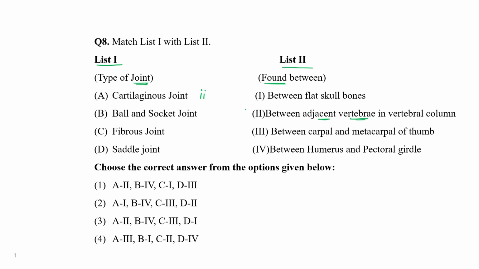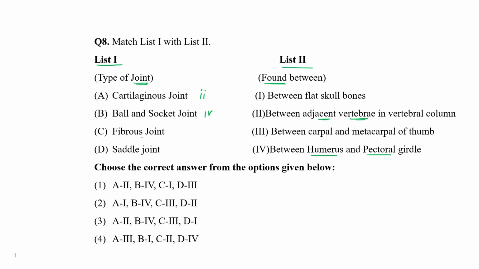Ball and socket joint is present between both types of girdles. In this case, between humerus and pectoral girdle, and also in the lower joint, where femur joins with the pelvic girdle. So here ball and socket joint comes with the choice number 4.